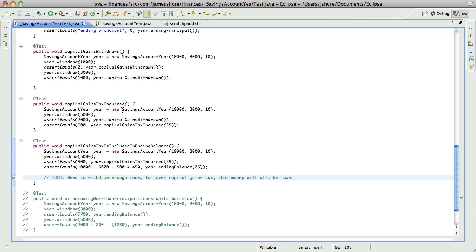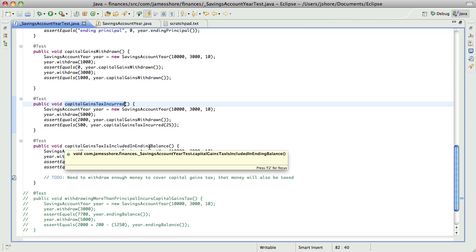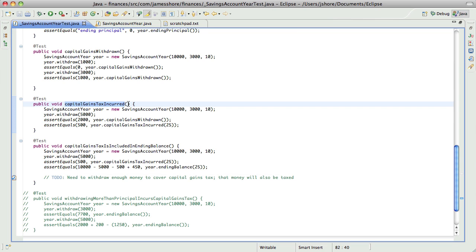So anyway, here, when we're saying capital gains tax incurred, we need it to actually include enough to cover the cost of the capital gains tax we're withdrawing. I hope that makes sense. It's a weird little thing.